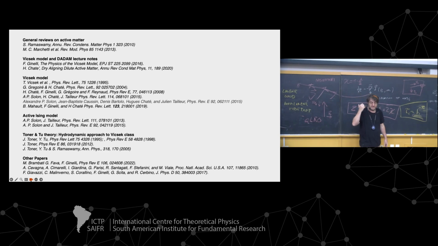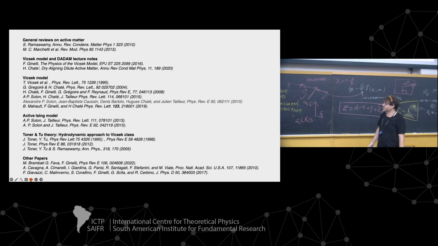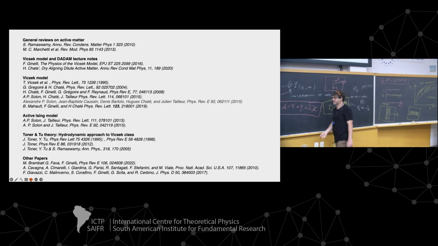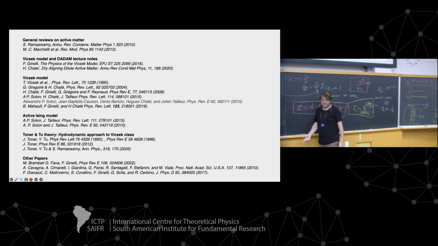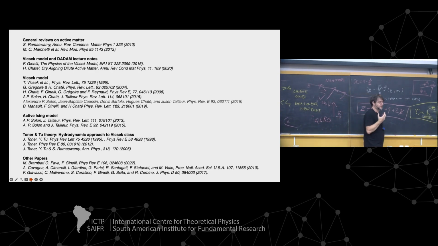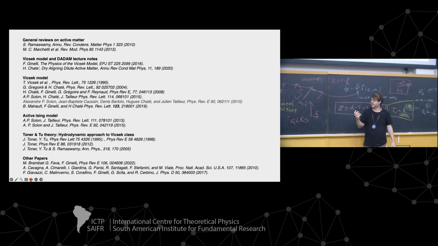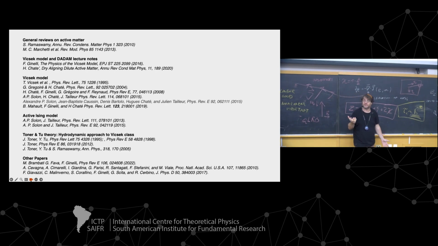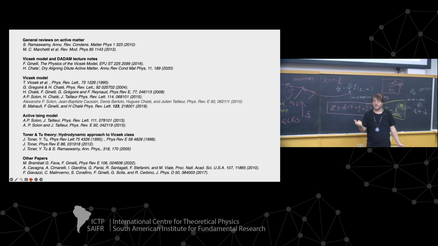I think that we should be able to give some kind of meaningful tools or meaningful input to biologists, to have a real impact. In general, I think that a lot of results and attention came out of active matter in these 30 years, 29 years.